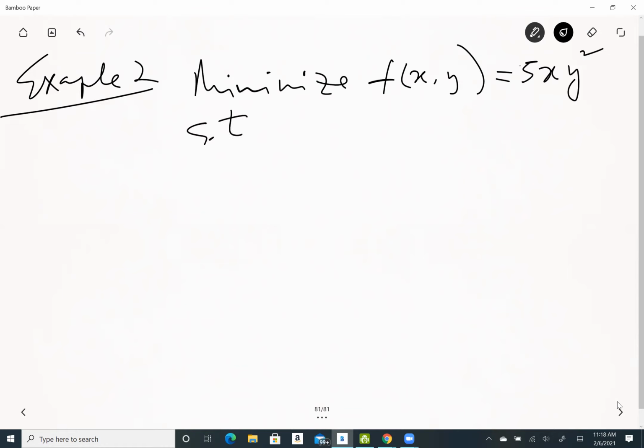Subject to the constraint, subject to 4x plus 7y equal to 8.